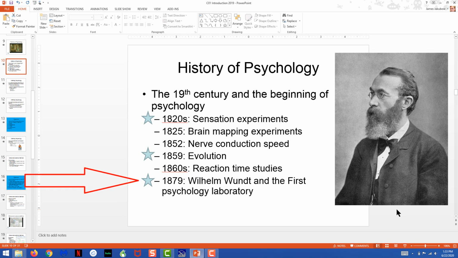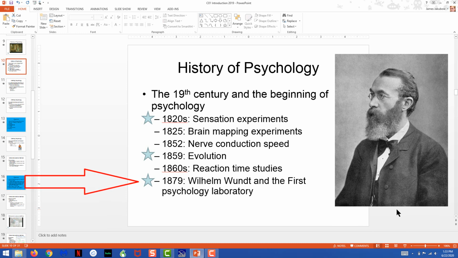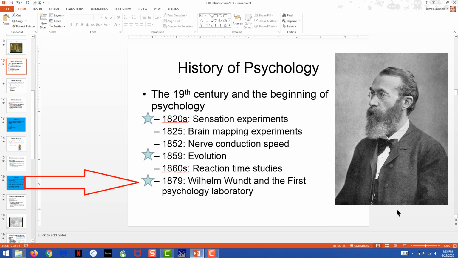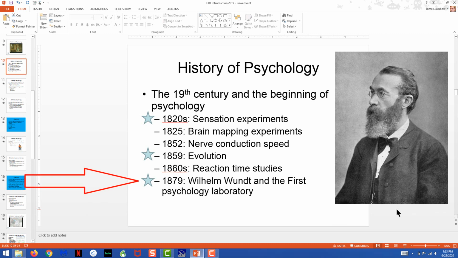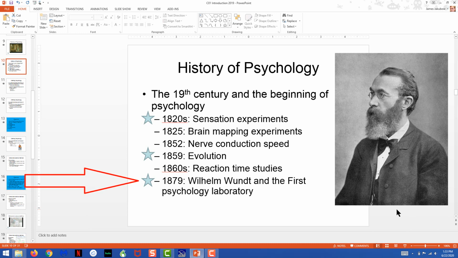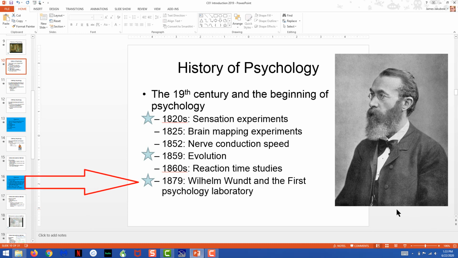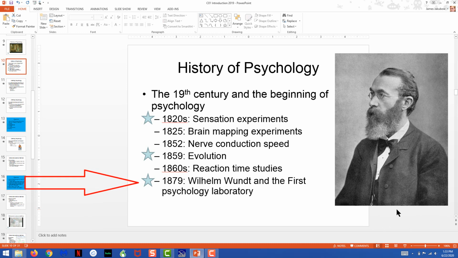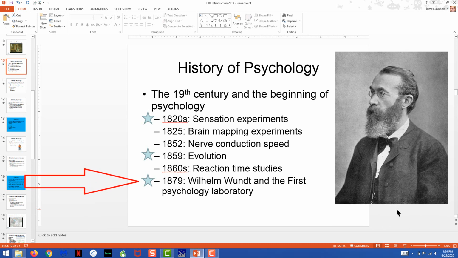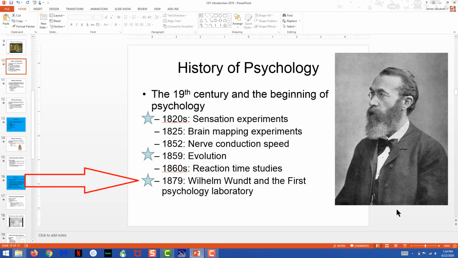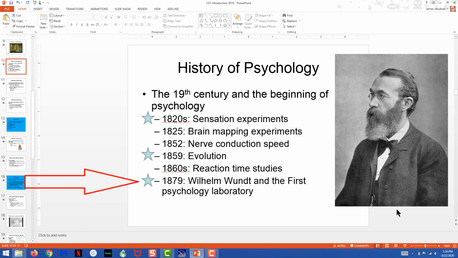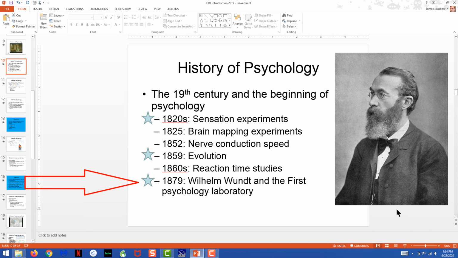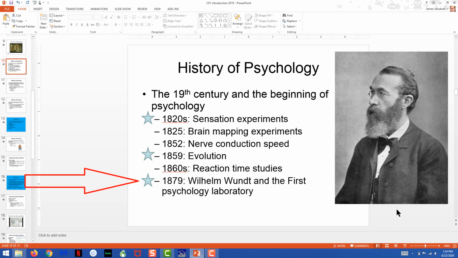Now, with his doctorate in biology, Wundt set out to get a job once he graduated, but he was having difficulty finding work. Things are different here in the late 1800s than they are now in the 21st century. In the late 1800s, if you had a PhD in biology, you could essentially take a job as a physicist or a chemist or a biologist or even possibly a mathematician, depending upon the amount of math you had.